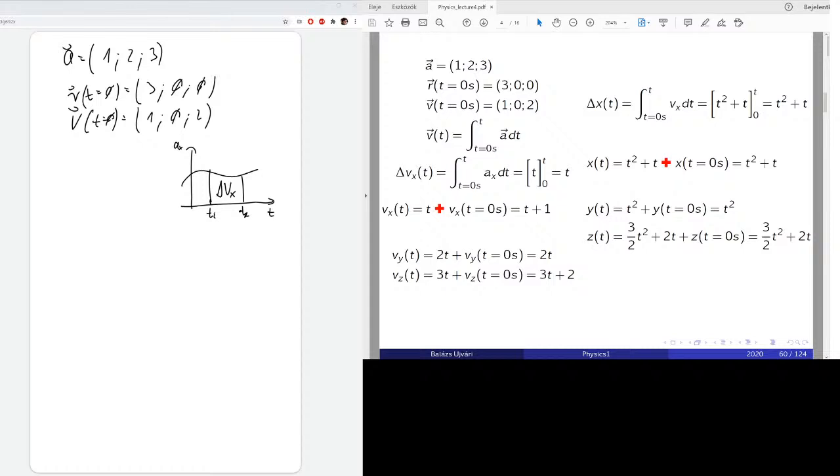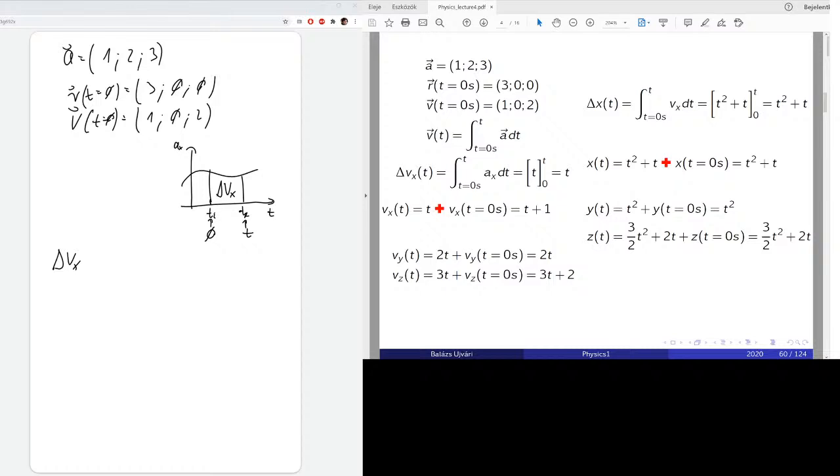So let's do it component by component. For example, how the x component changes: I will replace ti with 0, and tf is a general t. That means I won't ask where the body is at a given final time; I want to know it for any time.